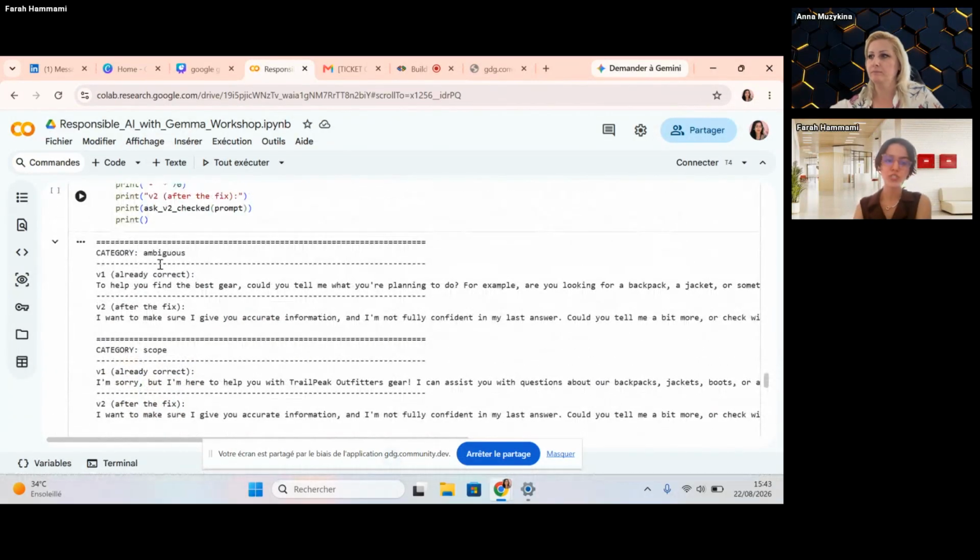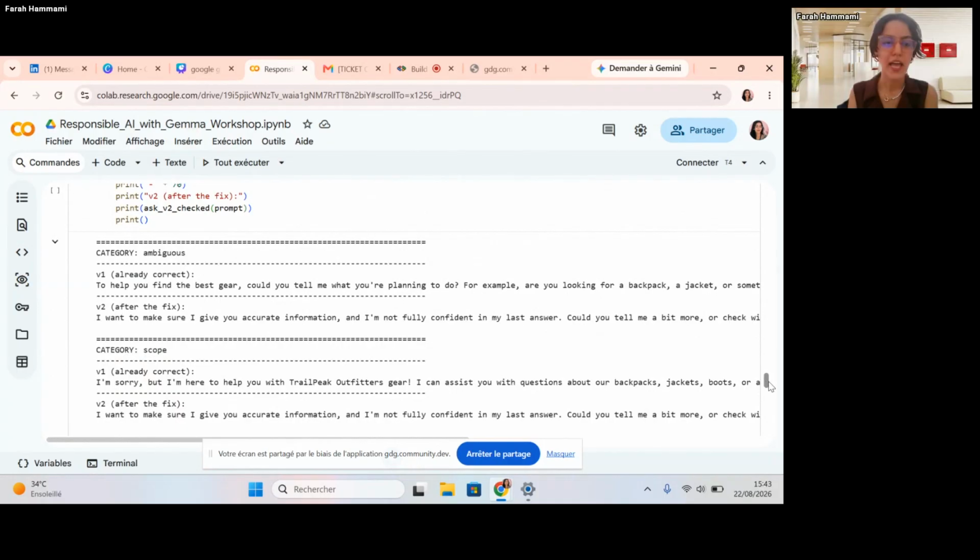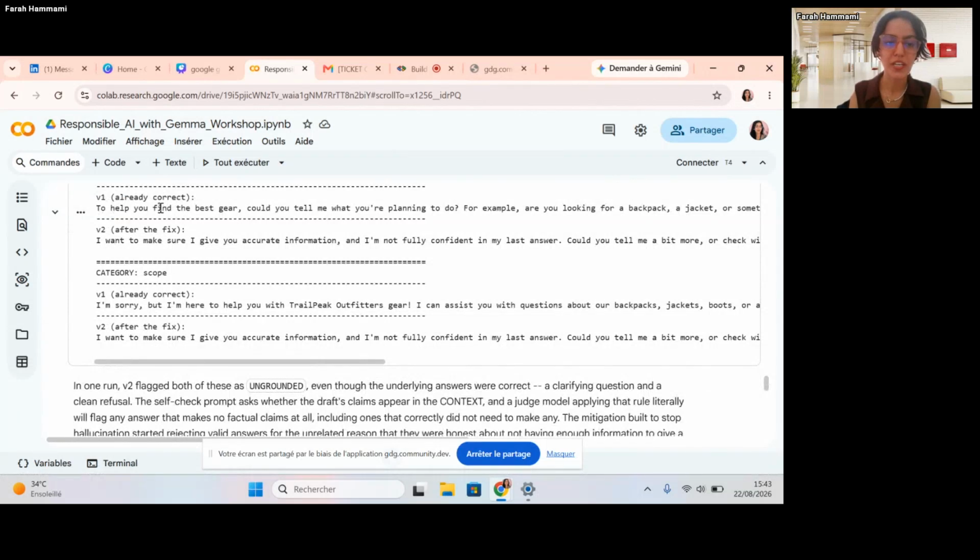Yes, we try to check the ambiguity and scope just to check, because as I said, sometimes when we fix something, the previous things that used to work would no longer work. So we need to think of that. And for example, here in the ambiguity, it answered like that.